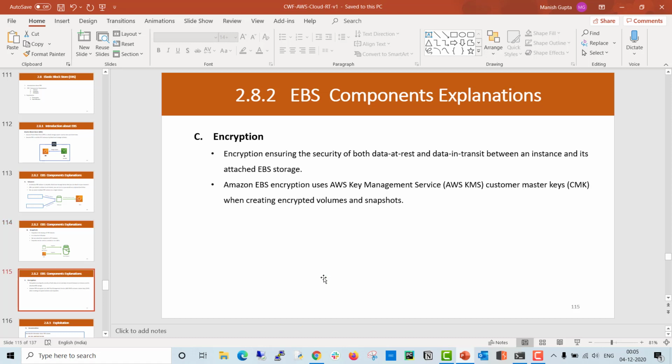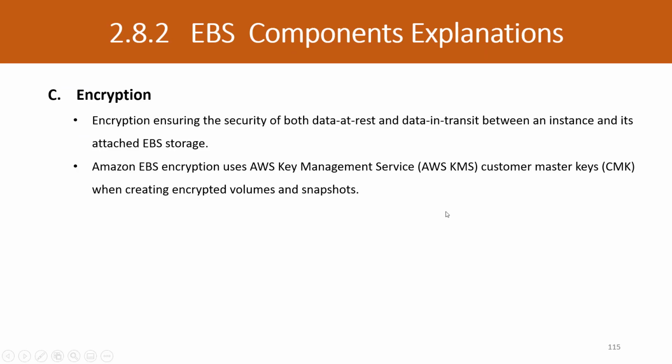The third one is encryption. Encryption ensures the security of both data at rest and data in transit between the instance and its attached EBS storage. Amazon EBS encryption uses AWS Key Management Service, which we already discussed. So you can use your customer key as well as the AWS managed key to create the volume and a snapshot.